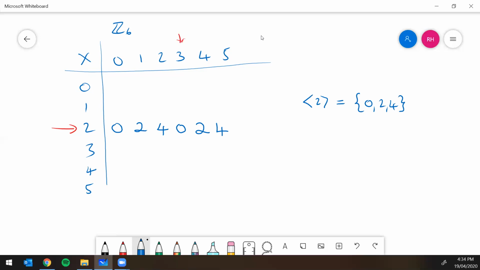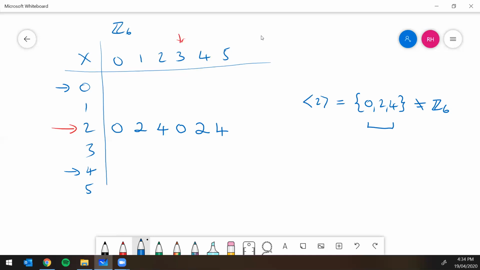So this is now not equal to Z6. What I'm saying is you don't always get the whole ring. In this case, we've got an ideal that is just part of the ring. And you can actually check if you want that it's an ideal because when we multiply, you'd have to go down and do the same for 4 and for 0. And you'll see that when you multiply any of these by any element of Z6, you'll end up with 0, 2, or 4.